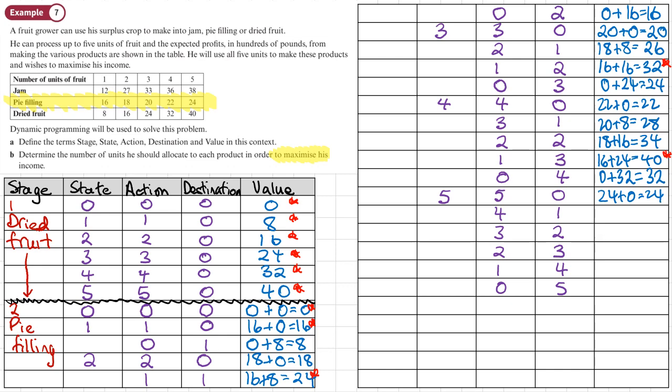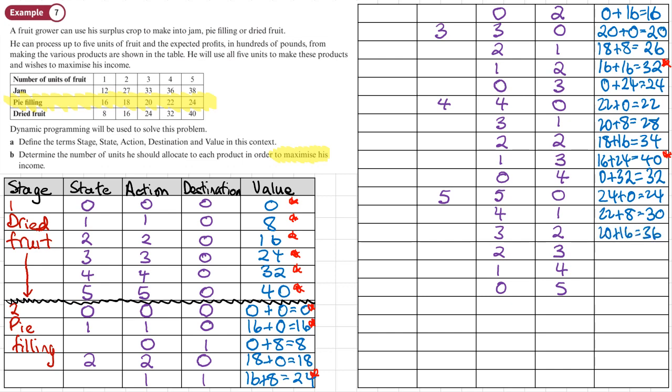Then next one down, which is going to be 4, 1. So 22 plus 8, which is going to be 30. Next one down, use 3, 20, pass on 2. It's going to be 16, so that's going to be 20 plus 16, which is 36.